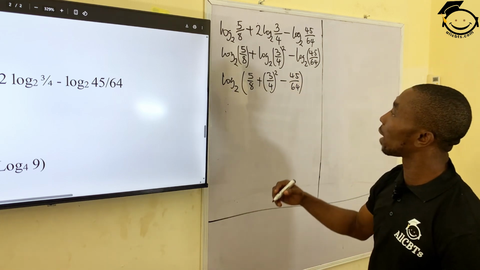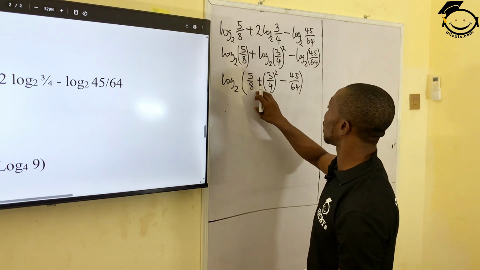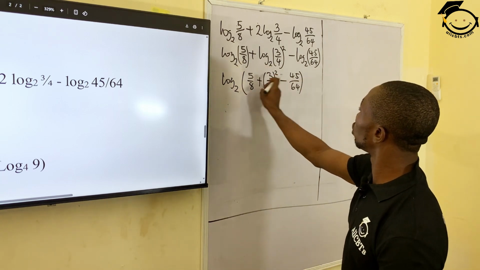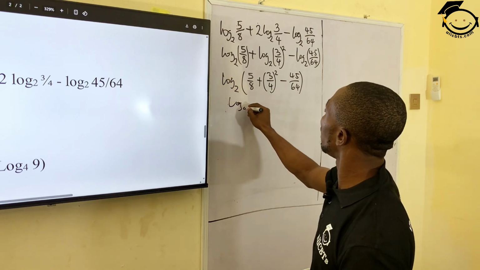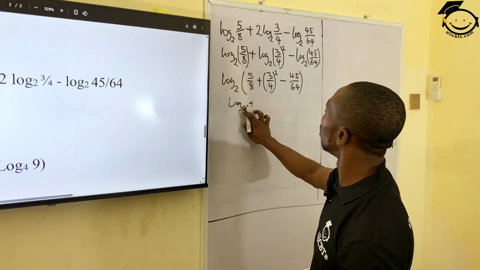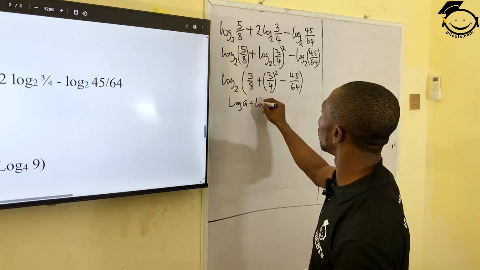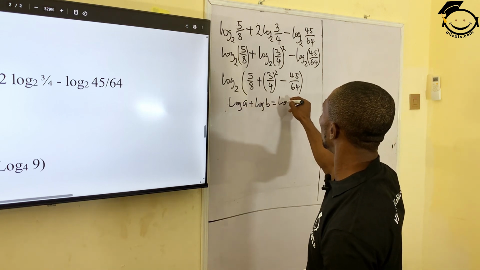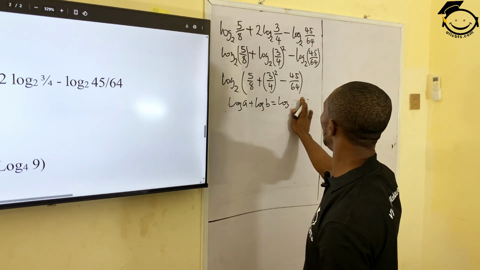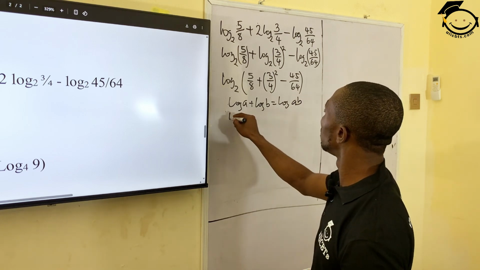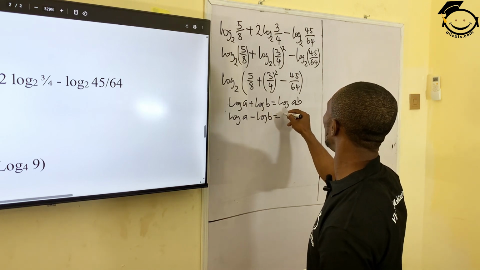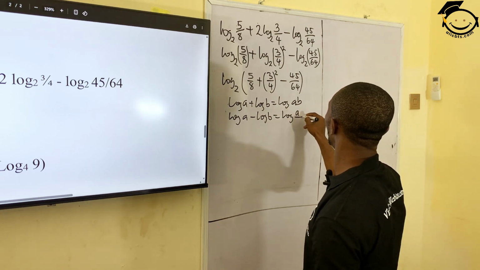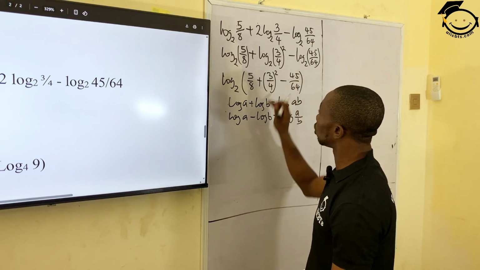Now we are going to apply our multiplication law and division law, where we know that log A plus log B equals log AB, and log A minus log B equals log A over B. So we apply these laws here.